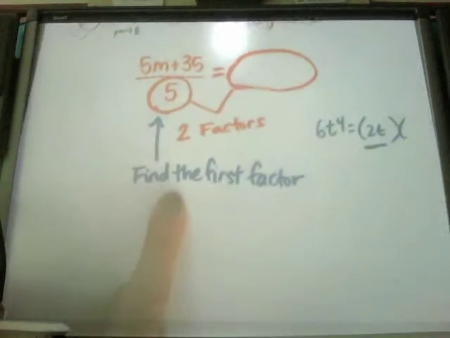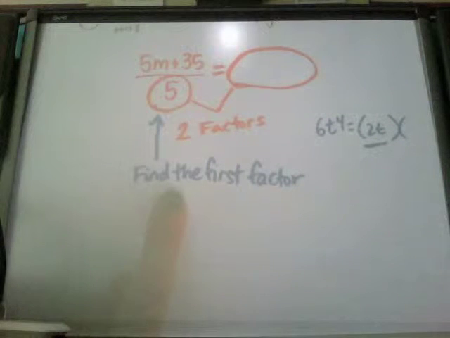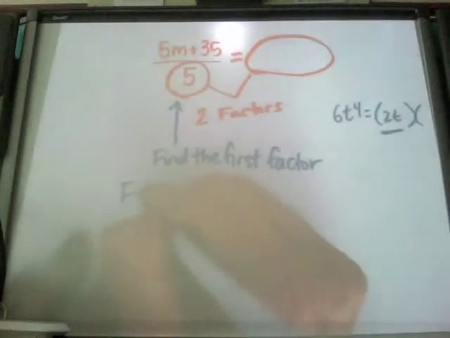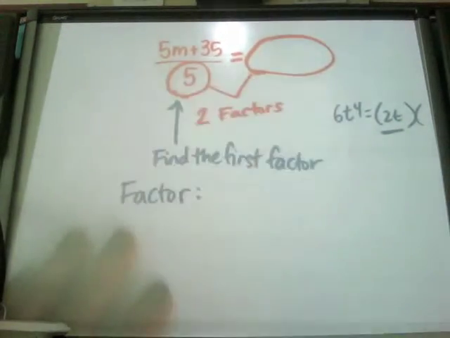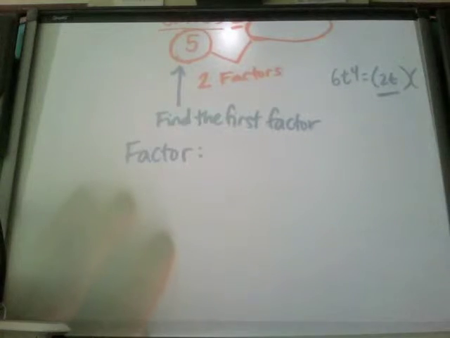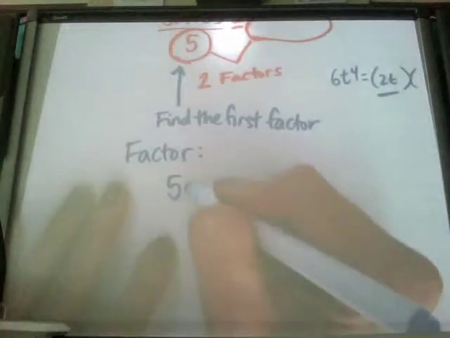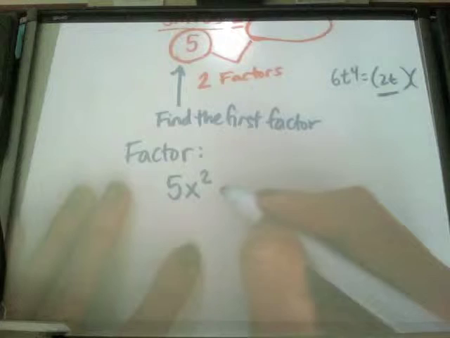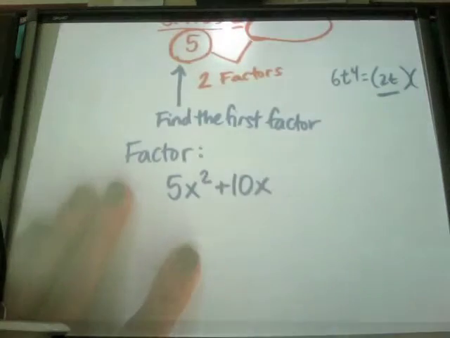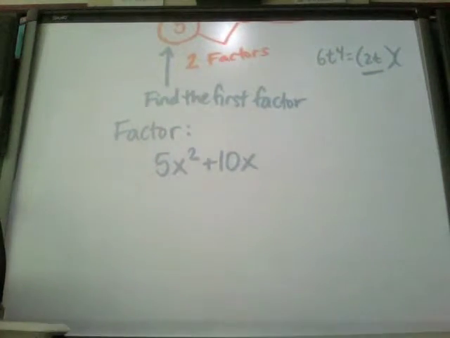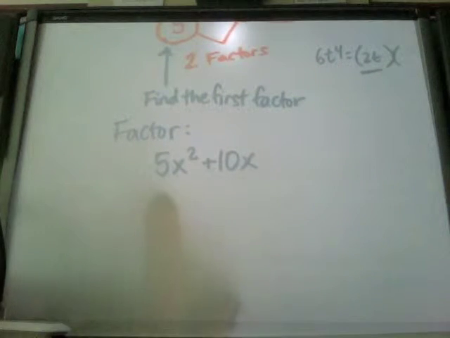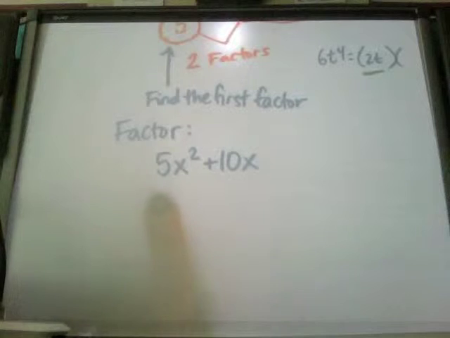Now the challenge is going to be you have to find that factor and then find the second one as well. Okay? So for example, your instructions will say factor. That's a verb, telling you what to do. Factor this polynomial. This first one, 5x squared plus 10x. We'll start with a binomial. Now the idea here is we need to find the greatest common factor of these terms.